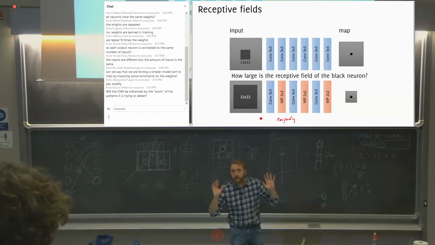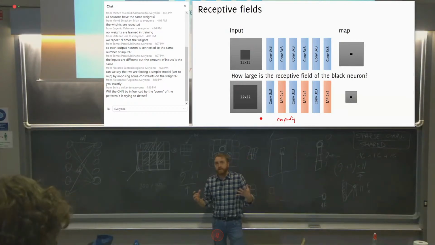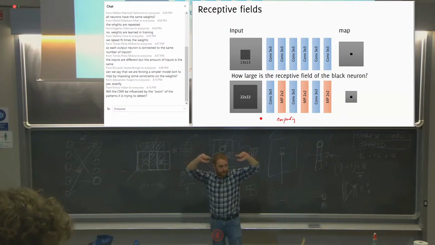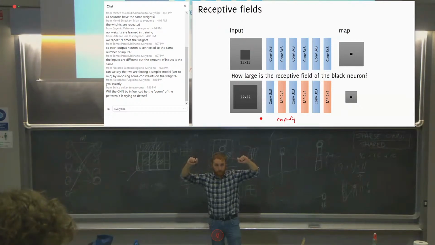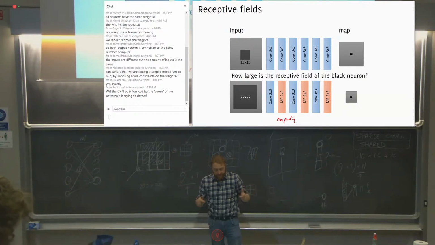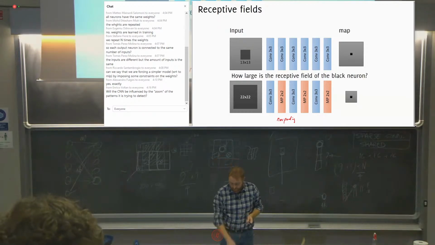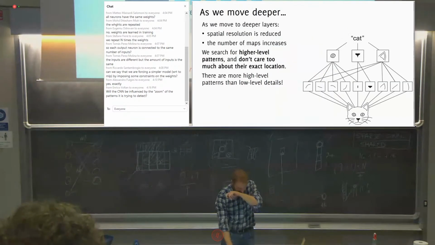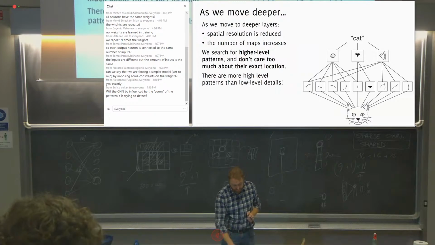But here, what you can see is that convolution increases the receptive field by adding a certain number of rows, max pooling by doubling it. Sorry, the receptive field.